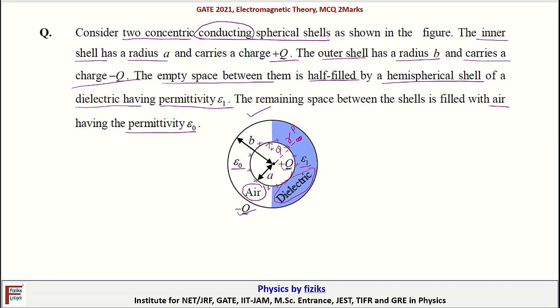So we will use the Gauss law, and let's draw a Gaussian sphere of radius small r. This is the Gaussian surface, and this Gaussian surface is a sphere.